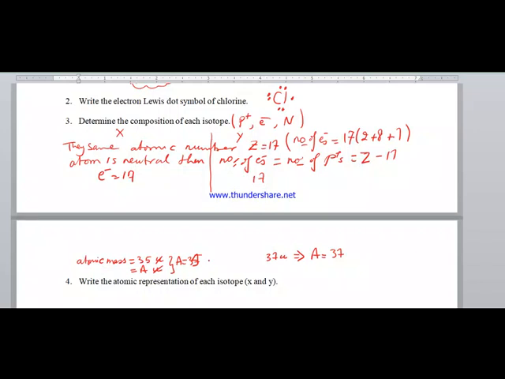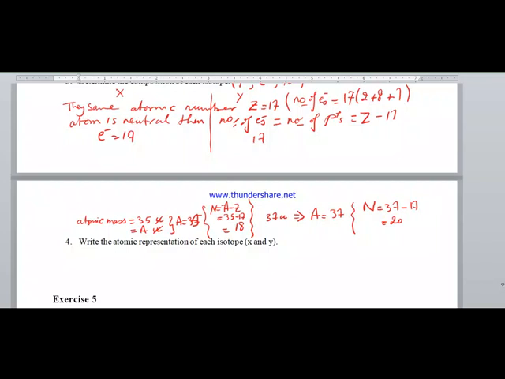To find the number of neutrons, N equals A minus Z. 35 minus 17 is equal to 18, so isotope X has 18 neutrons. For isotope Y, N equals 37 minus 17, which is 20 neutrons. This is the composition of each isotope X and Y.